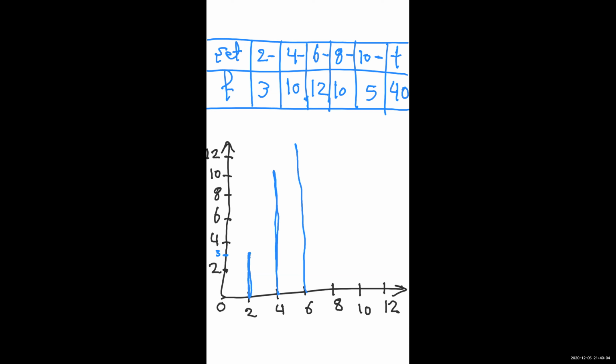Yes, I'm seeing it. Then next, 8 and 10, from 8 to 10. Like this. Then 10 and 5. What is 5 here? Between 4 and 5. Okay, guys?